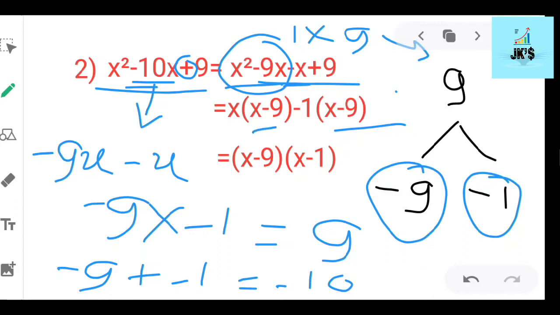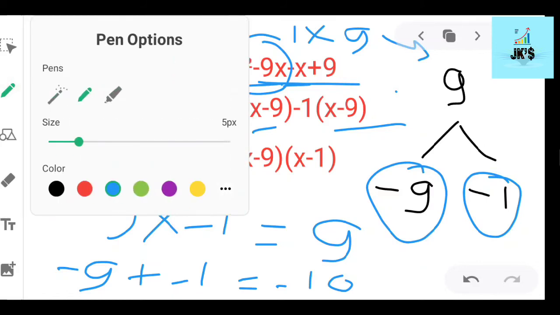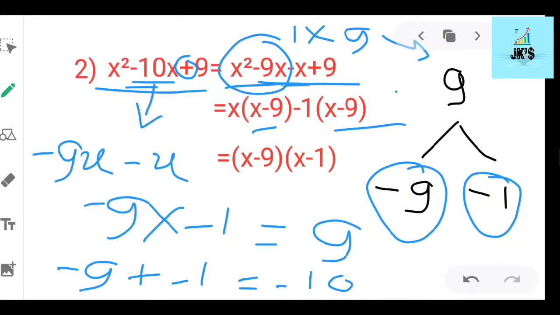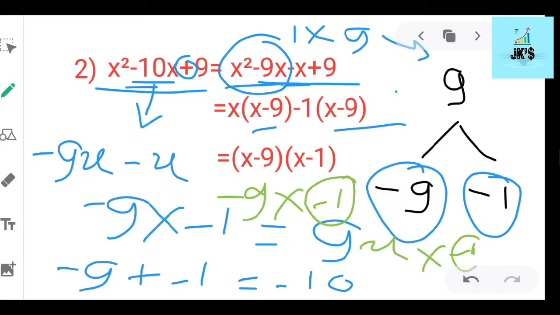What is remaining in the bracket? X minus 9. Here minus x plus 9, we factorize this. Minus x is written as x into minus 1, and plus 9 is written as minus 9 into minus 1. We take this minus 1 common.